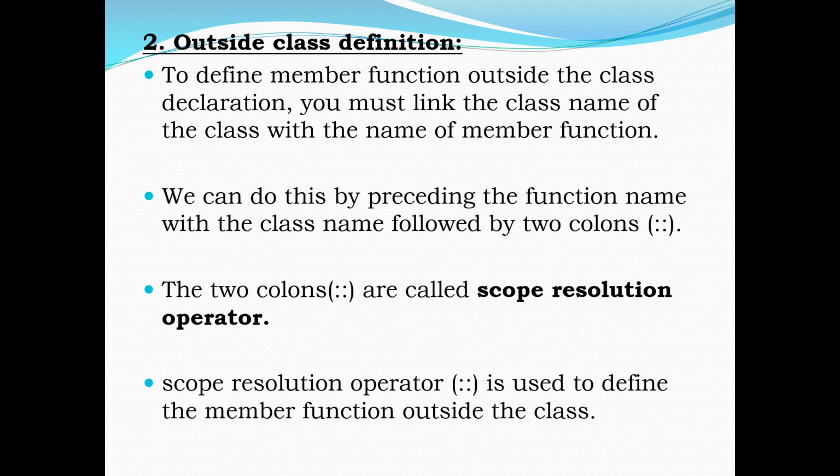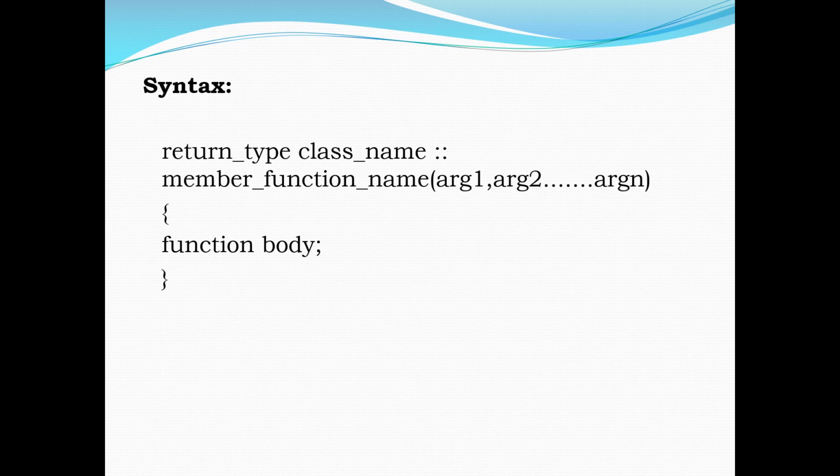Now we will see the general syntax of how to define a function outside the class. The general syntax starts with the return type, followed by the class name, and then a double colon, that is the scope resolution operator.